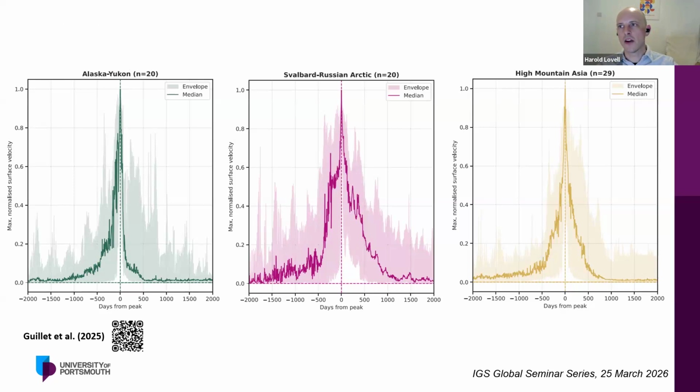If we think of the classic Variegated Glacier, which still remains the gold standard of studies on surge type glaciers from the 1980s, with Barclay Kamb and many others. They basically instrumented this glacier through the surge cycle when they thought it was about to surge, and got some amazing data sets.